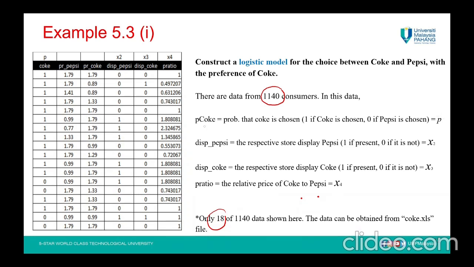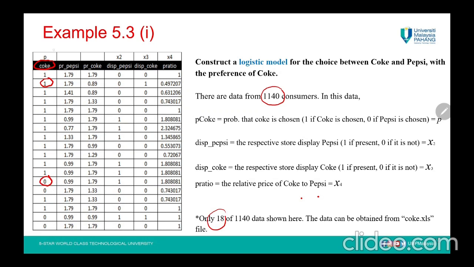the preference is Coke. So P Coke here is the probability that Coke is chosen. 1 in this data means that Coke is chosen, while 0 in this data means Pepsi is chosen.